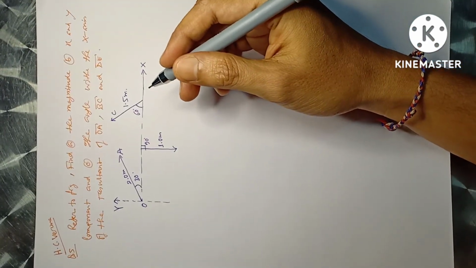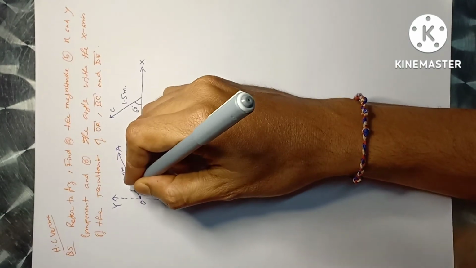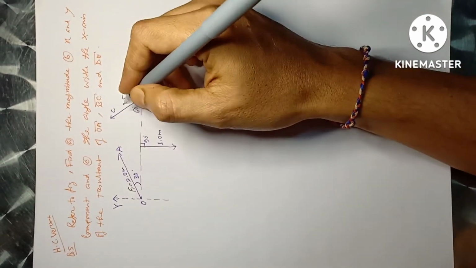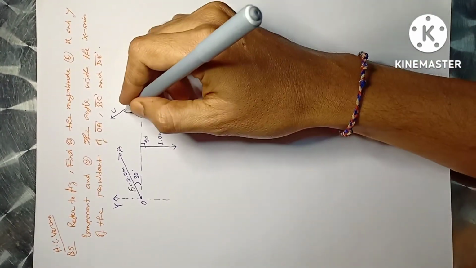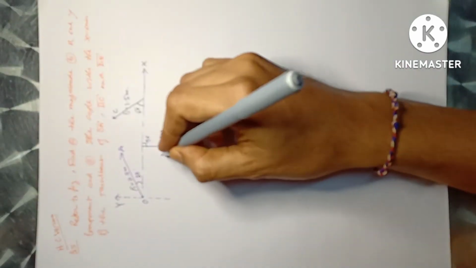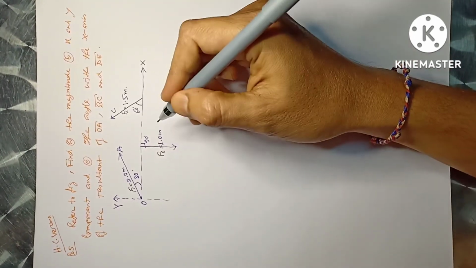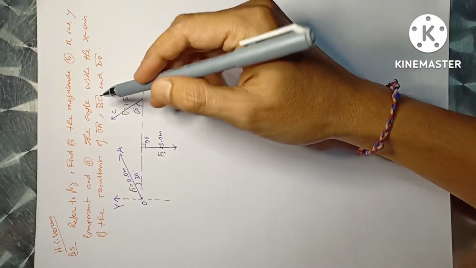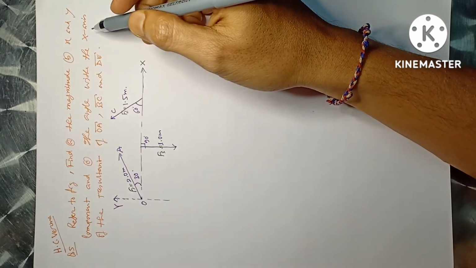So we can write these three vectors as f1 vector, f2 vector, f3 vector.